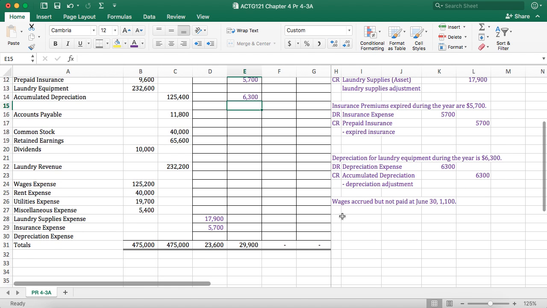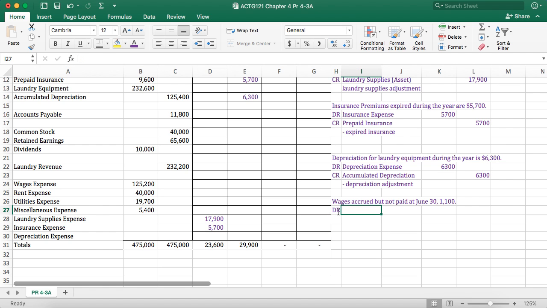Almost done. Wages accrued but not paid. That means that the end of the month falls in July. In this situation, the end of the month of June wages fall in the July payday. So we just need to expense or accrue the few days that won't be paid until July.